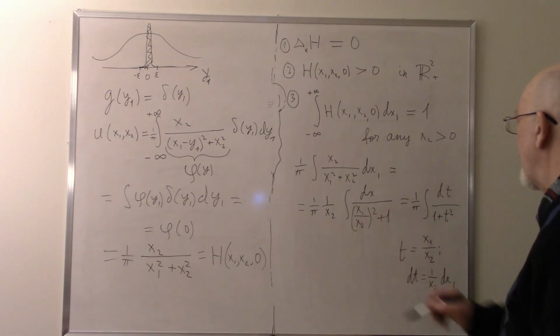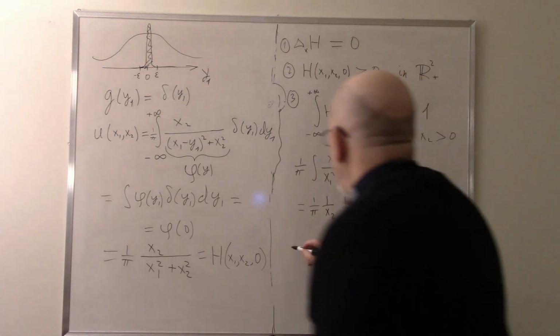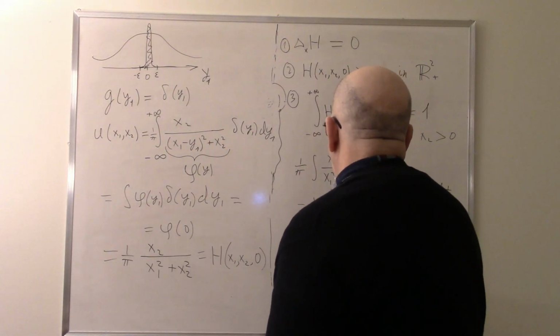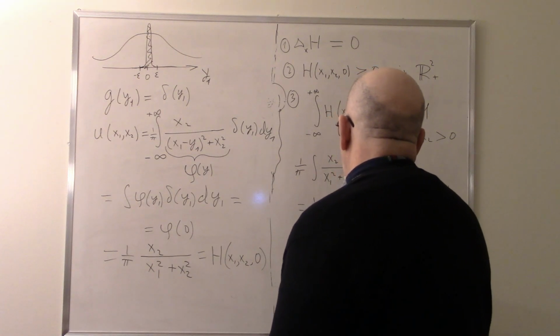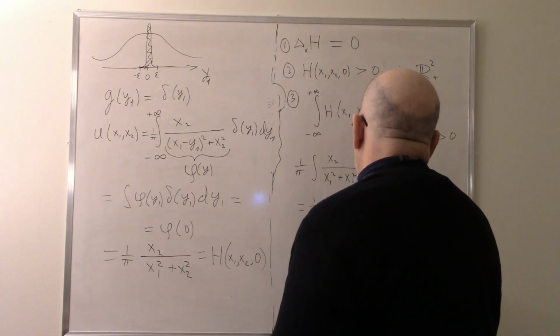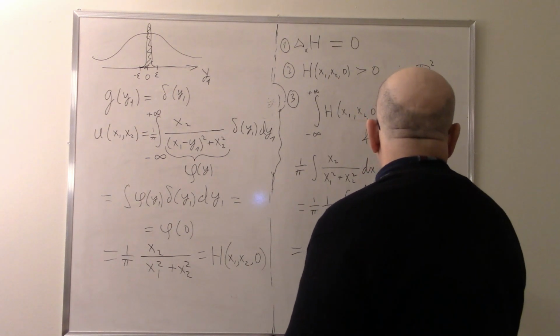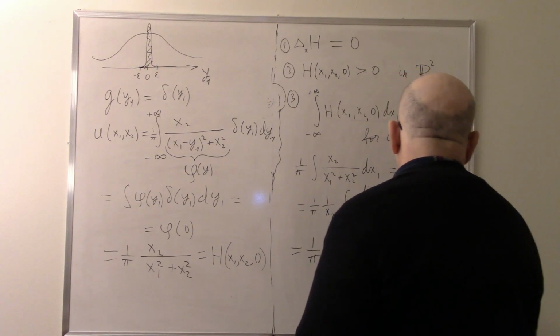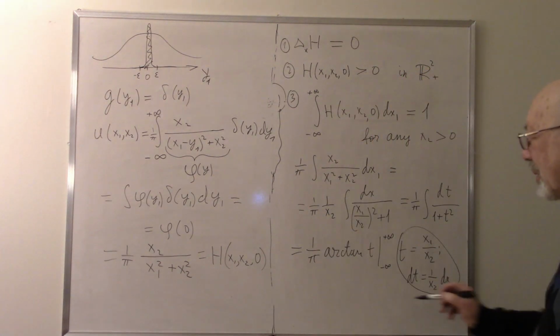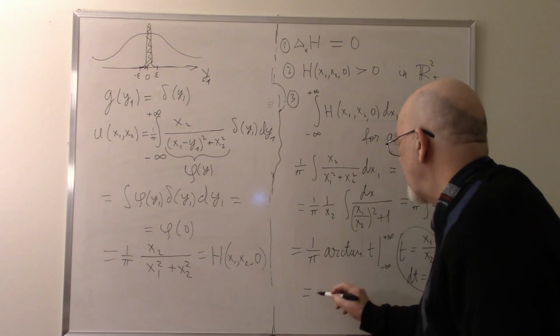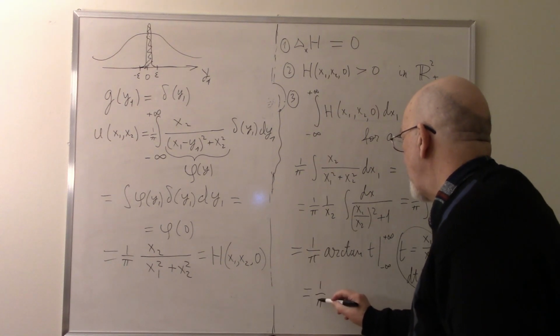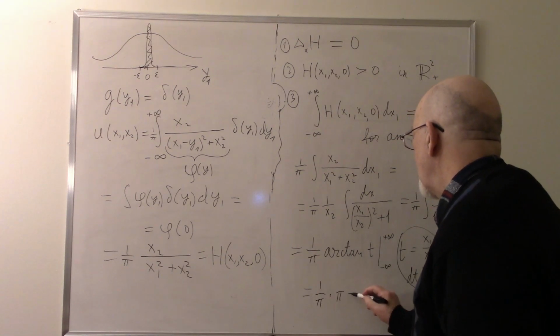Exactly what is here. So it is equal to 1 over pi arctangent, t from minus infinity to plus infinity, which is equal to 1 over pi times pi equals 1.